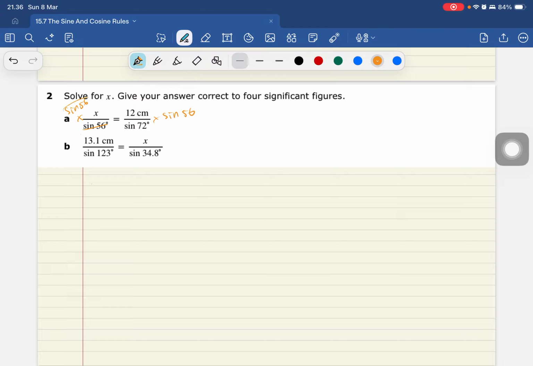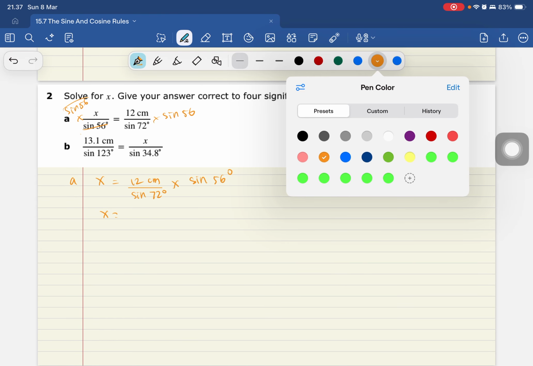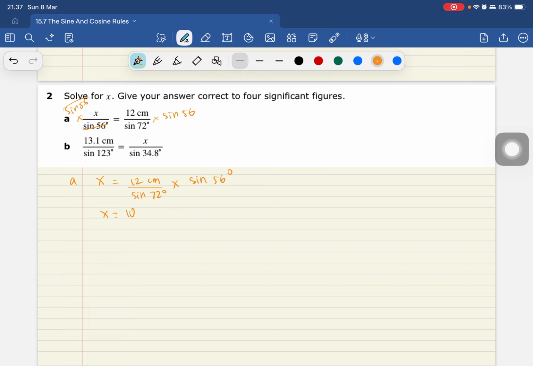So x over sine 56 equals 12 centimeters over sine 72 degrees. We divide by sine 72 degrees and multiply with sine 56 degrees. You need a calculator to find this answer, so x is going to be 10.46.